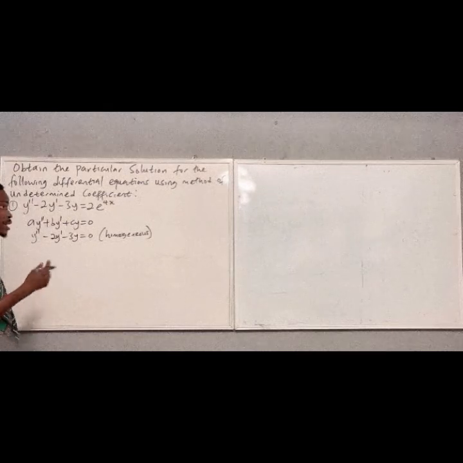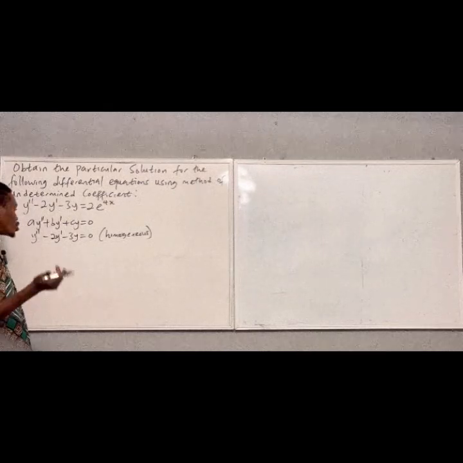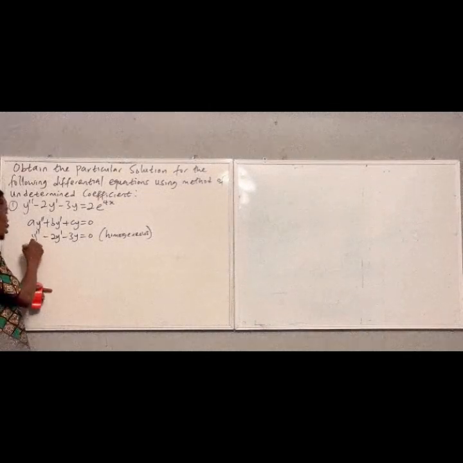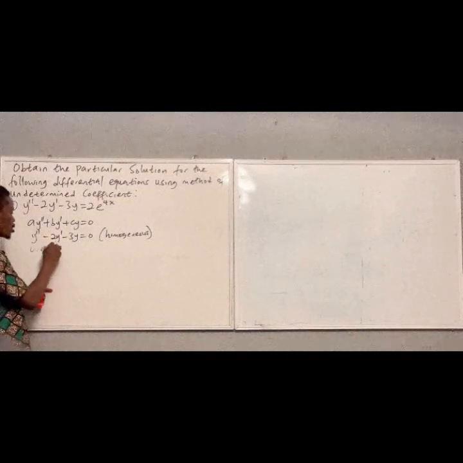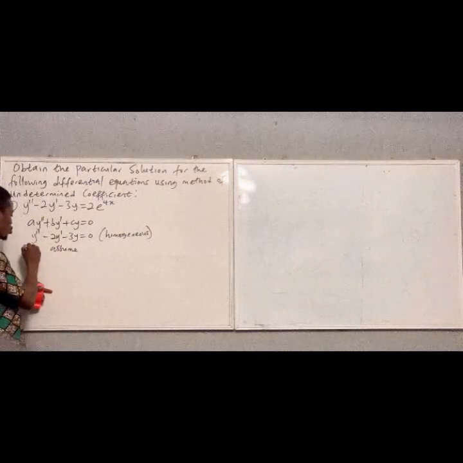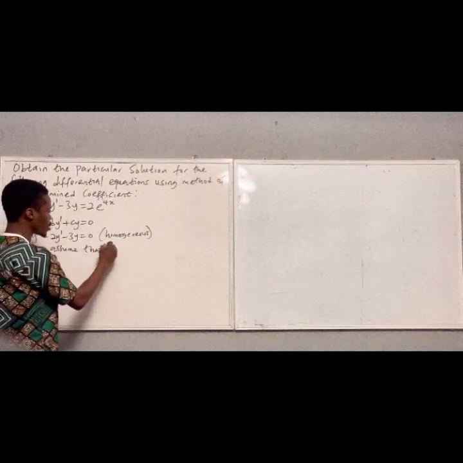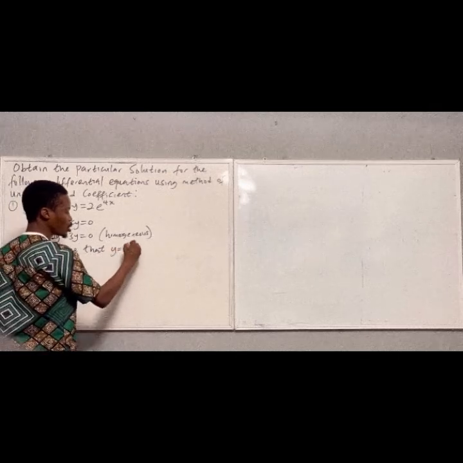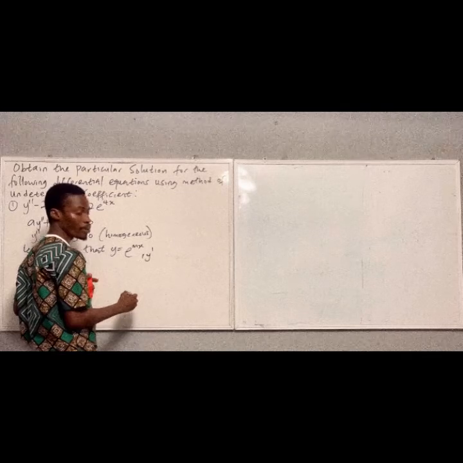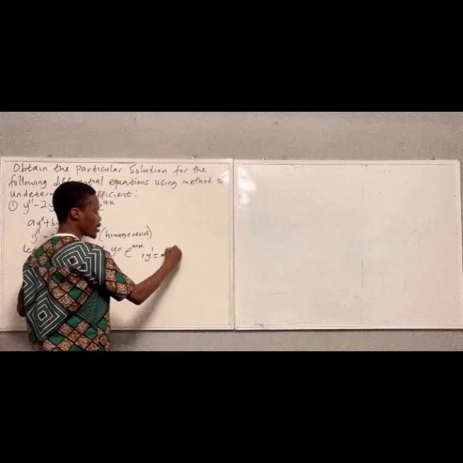How do we get this? I've explained earlier in our second order homogeneous lesson that we assume that y is equal to exponential mx. If I differentiate this, I'm going to have y prime equals m exponential mx.